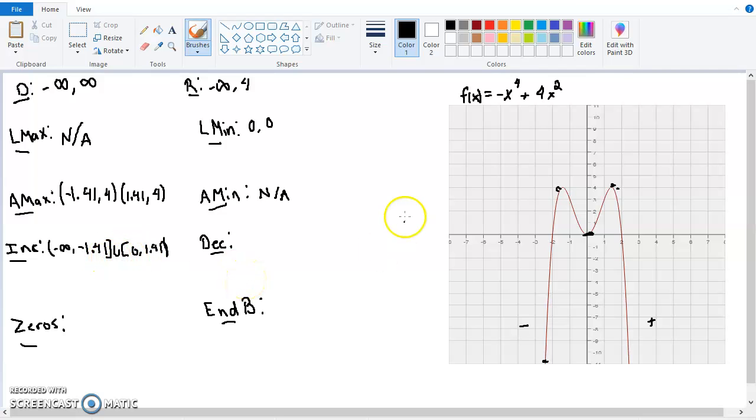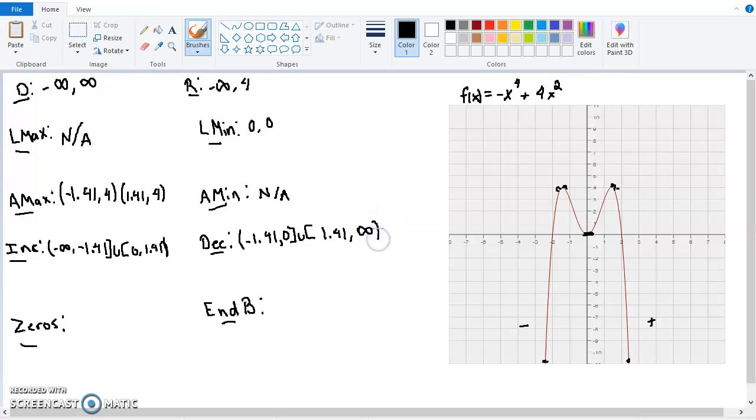For decreasing, you're looking for here to here, and here to here. What you're going to get for your decreasing will be negative 1.41 to 0, and positive 1.41 to positive infinity.